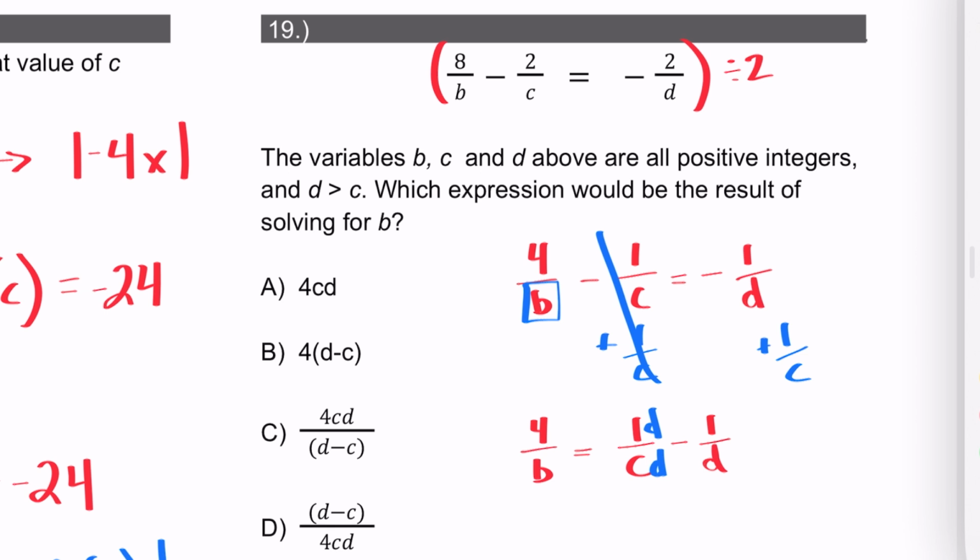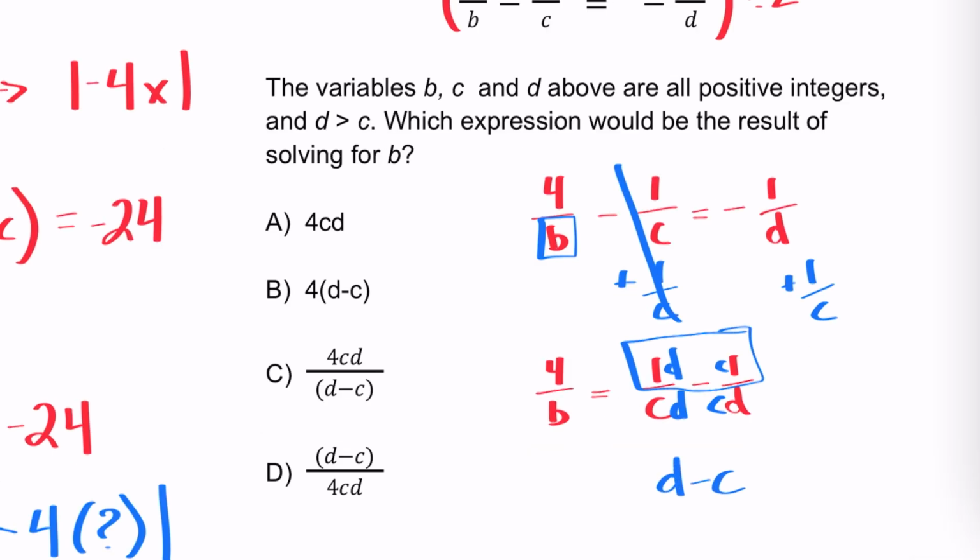And then we're also going to multiply this one by c over c so that we have a common denominator. Okay, so this all simplifies to, if we look at just this part, d minus c over cd. And we have 4 over b here.